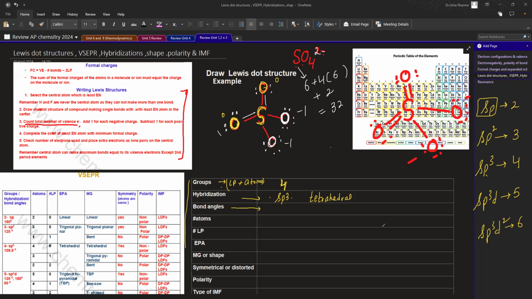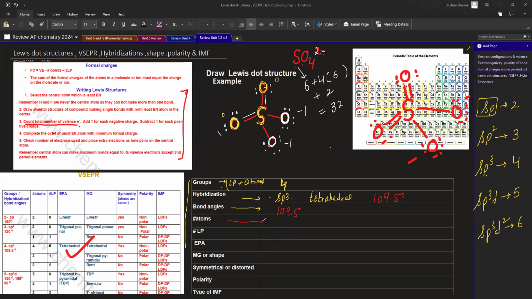The angle, you have to memorize, children. All these things are given in the PDF which I have shared. So check the PDF. If you don't know something, look into it and answer here, and it will help you in memorizing. So the bond angle is 109.5 degrees.